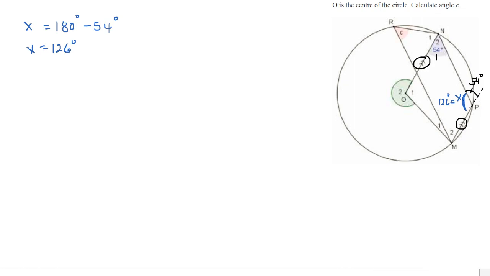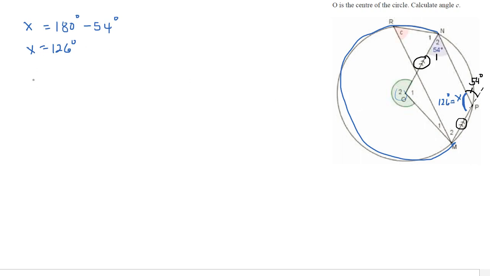Now as you can see, this is the arc that I am interested in now. This arc. So my arc now is double the 126.